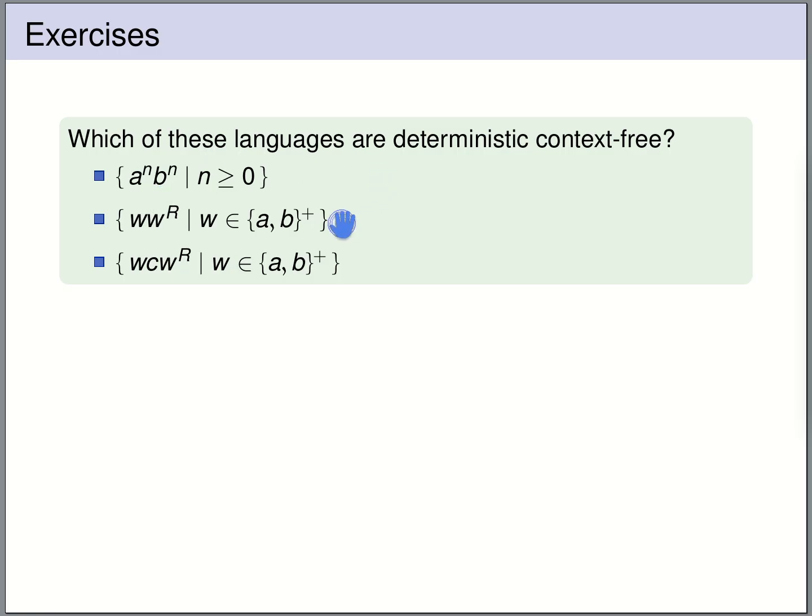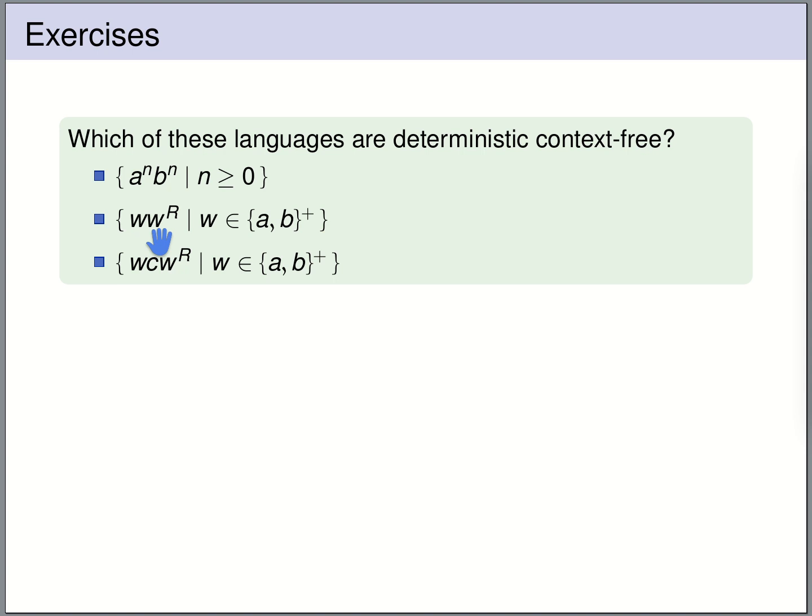What about this language? So we have w w^reverse for words w over the alphabet {a,b}, and these words should be non-empty. So basically that's palindromes of even length over the alphabet {a,b}. This language is not deterministic context-free.